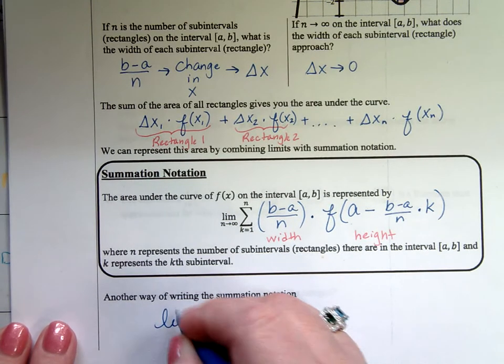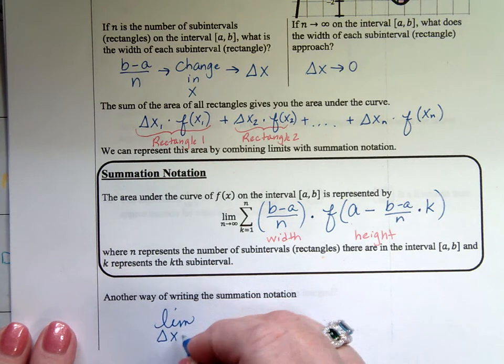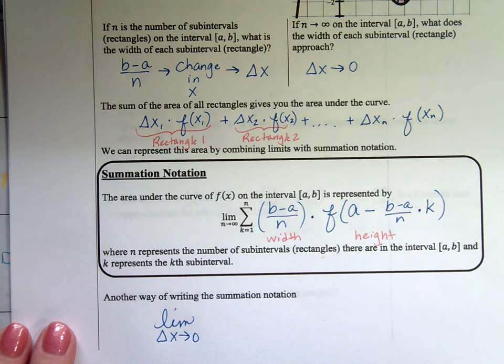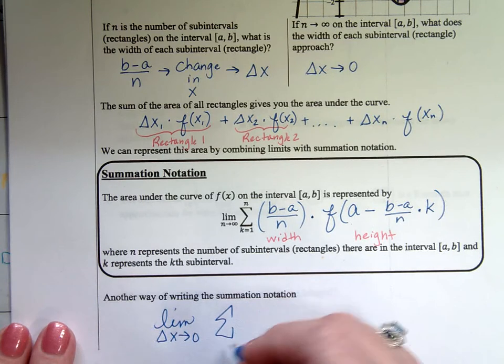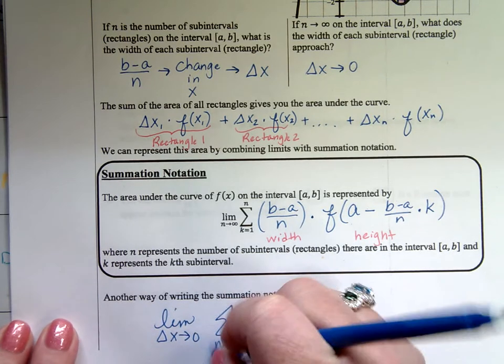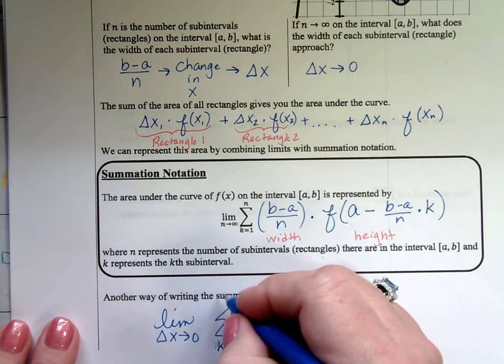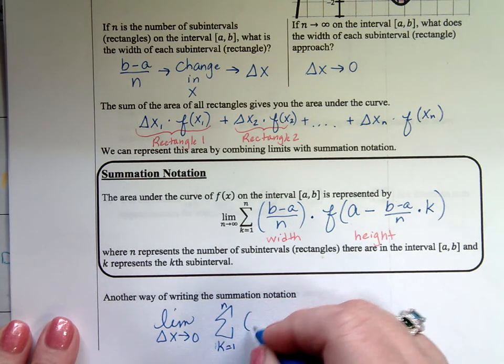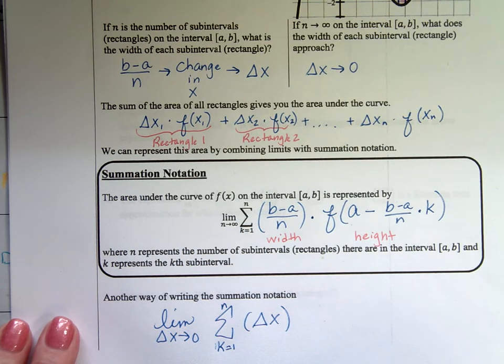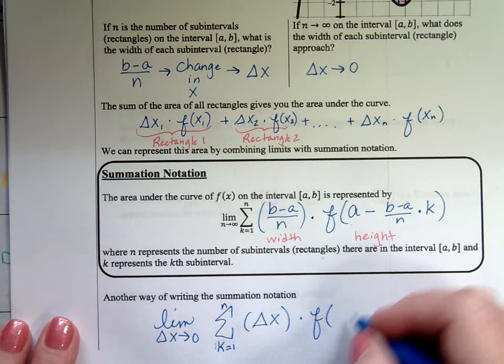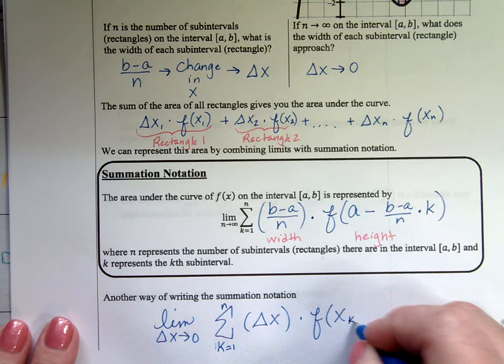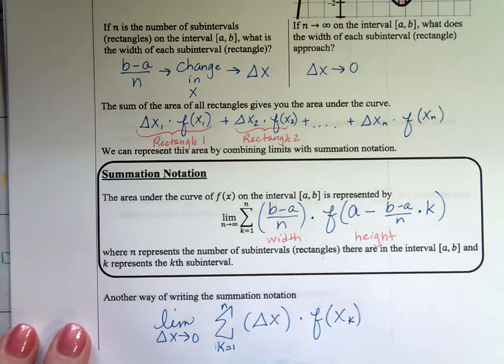The limit as delta x approaches 0, the width of the rectangles gets smaller, of the sum going from k equals 1 to n, of delta x, the change in x, your width, times f of x sub k, whatever rectangle you're with. So the sum of the length times the width. First rectangle is a 1, second rectangle it's a 2, third rectangle, however many rectangles you can make.